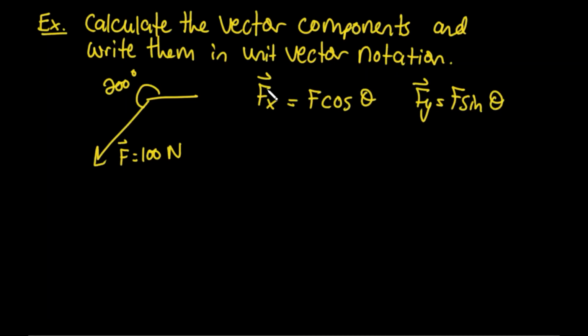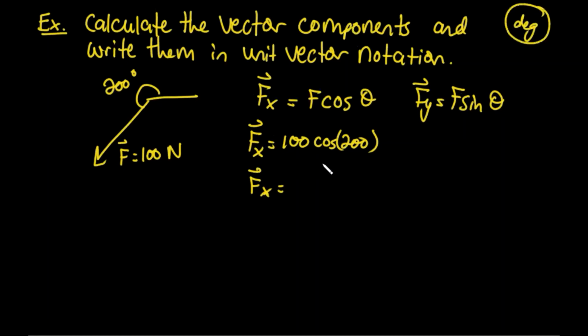So let's do some quick calculations here. Fx is equal to 100 cosine of my angle, which is 200 degrees. When I put that into my calculator, again making sure that my calculator is in degrees, I would get negative 94 newtons. To calculate my Fy, it would be 100 times the sine of 200.